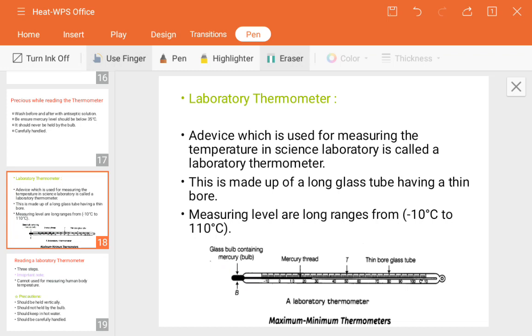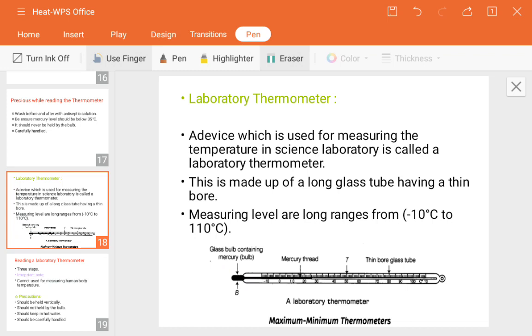This will give us the temperature of the hot water taken in the beaker. So we are measuring only the temperature of that beaker consisting of boiled water. That much temperature only is shown by this thermometer.